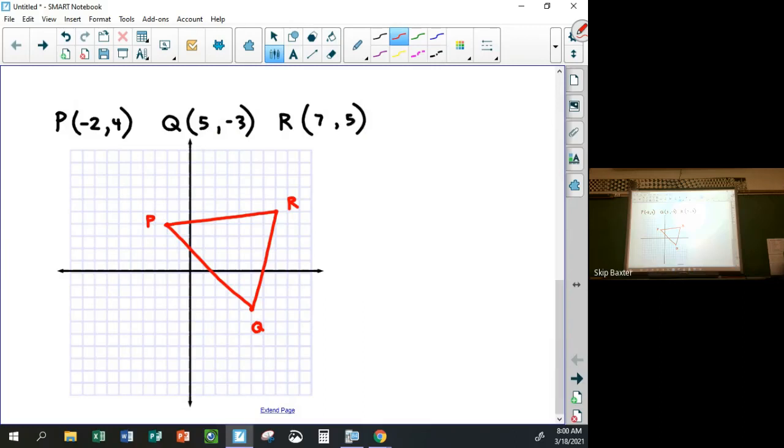So it turns out there's a better way to do this if none of the sides of the triangle are vertical or horizontal. Okay? And here's what you do.